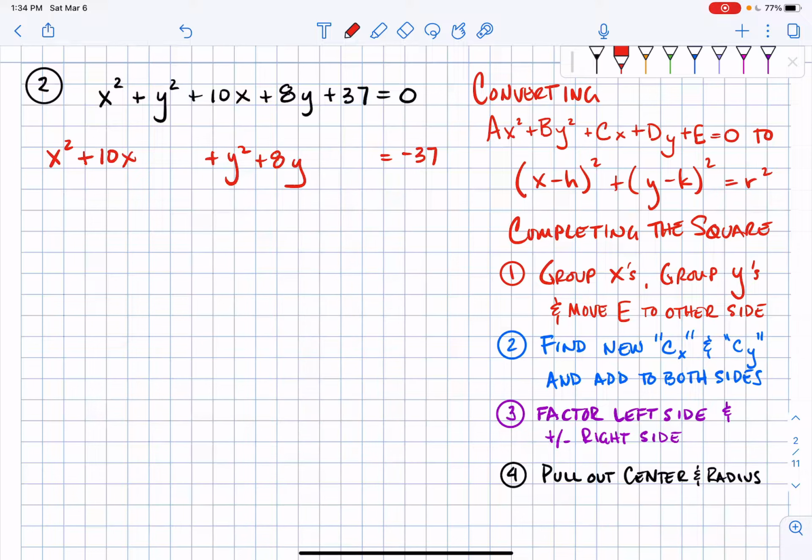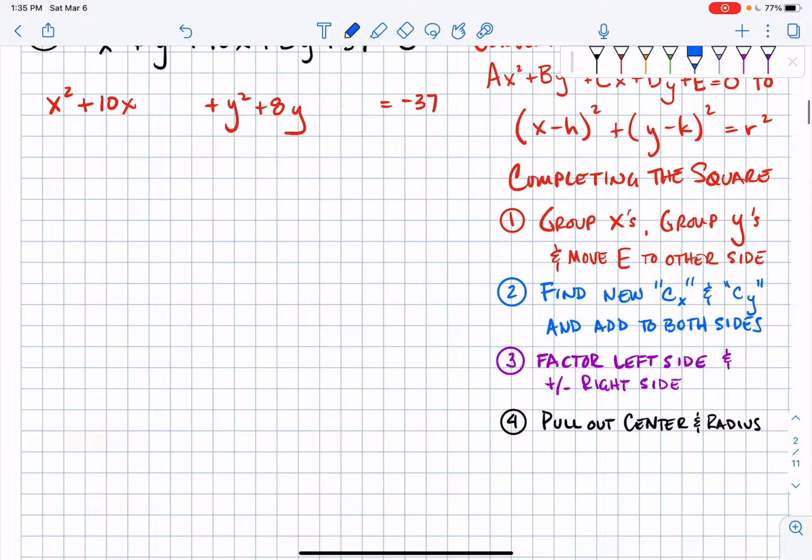All right. So part 2, or second step, says to find a new c for both the x and the y. Okay, that's why it says c sub x.